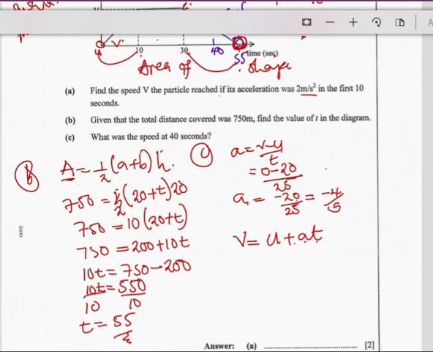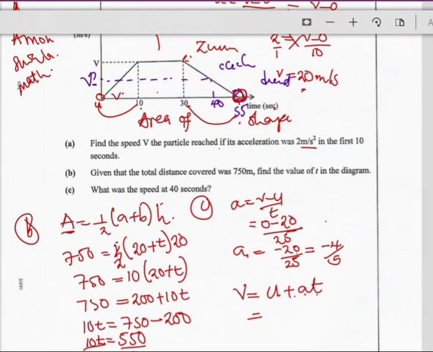Since we are looking at 40, our initial velocity is this same one there, which is 20, plus our deceleration, negative 4 over 5, multiplied by the time from that point to this point, from 30 to 40, which gives us 10.